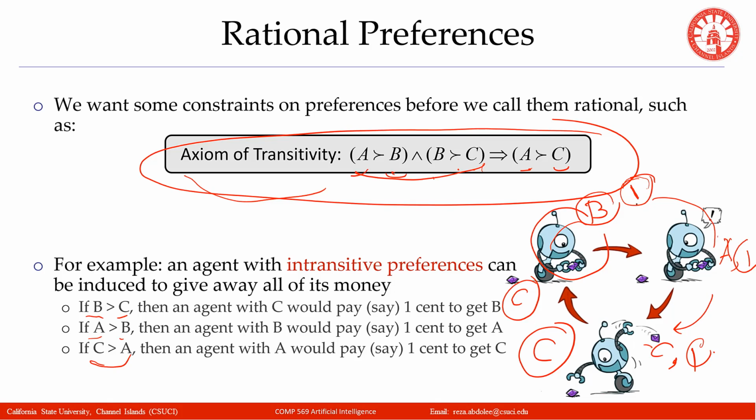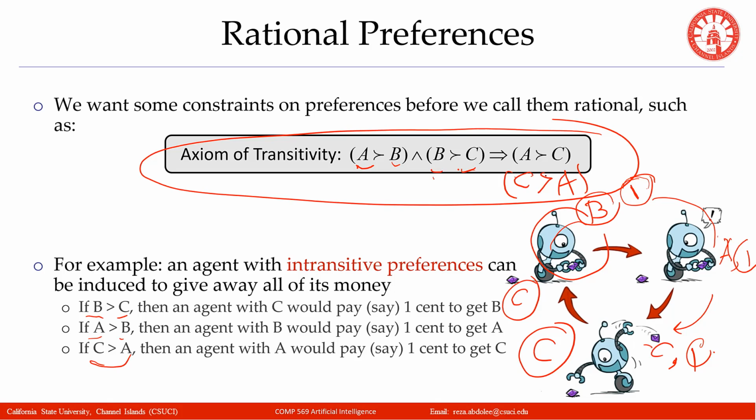Why did this happen? Because this agent didn't follow this axiom of preference, which is the axiom of transitivity. The agent says that it likes A over B and B over C, but here it says that it also prefers C over A. So that's the reason we call this agent irrational.